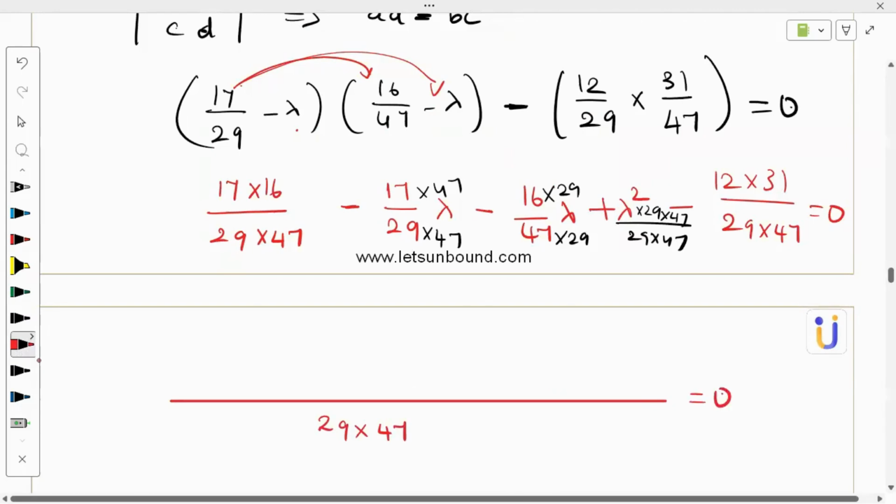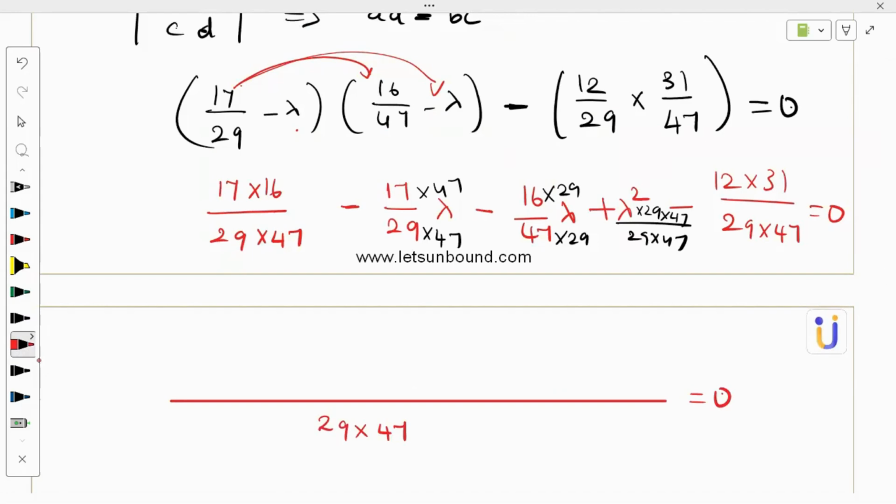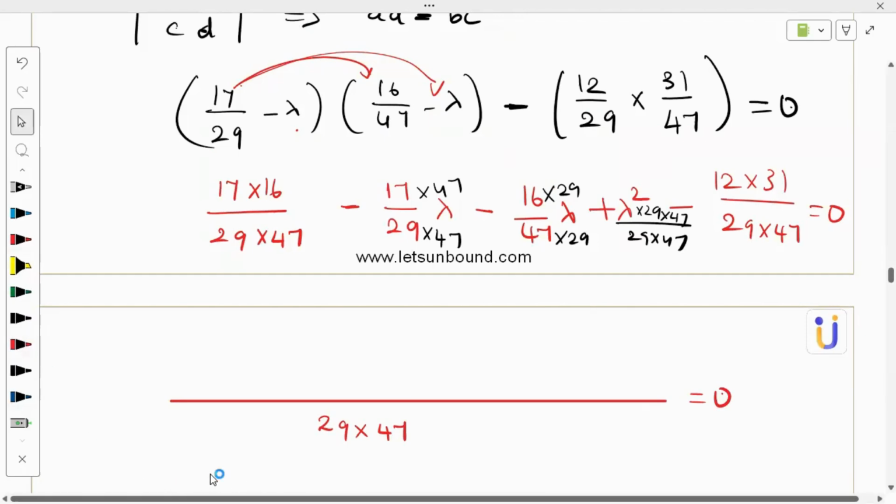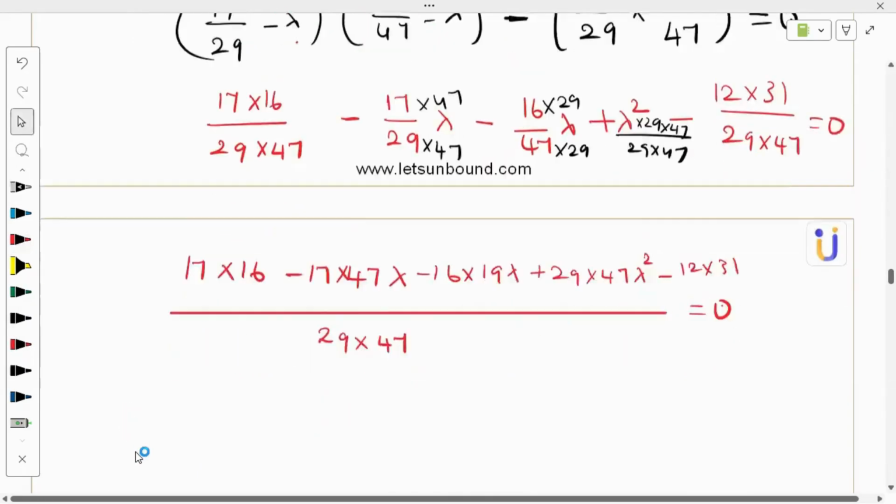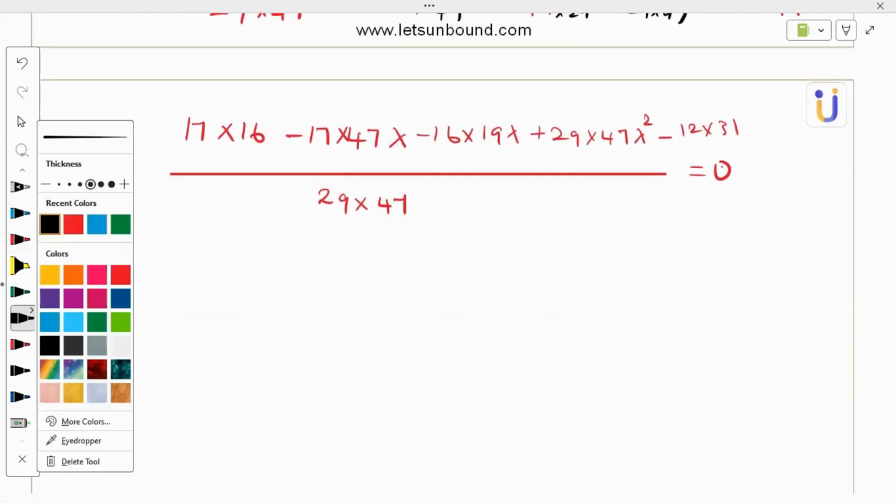So 17 times 16 minus 17 times 47 lambda minus 16 times 29 lambda plus 29 times 47 lambda squared minus 12 times 31.